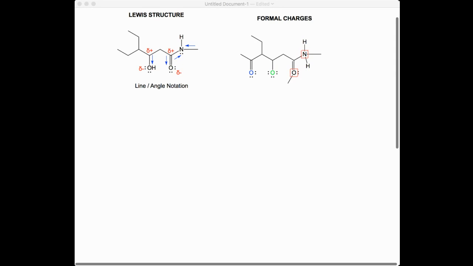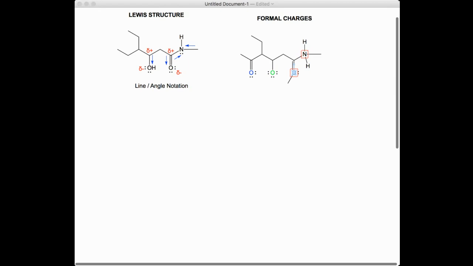Oxygen is supposed to have 6. It's in group 6. So an oxygen with 7 electrons has an extra electron. Therefore, the formal charge of that oxygen will be -1. It has an extra electron, 1 negative charge. Okay? If you guys have questions, please feel free to ask.